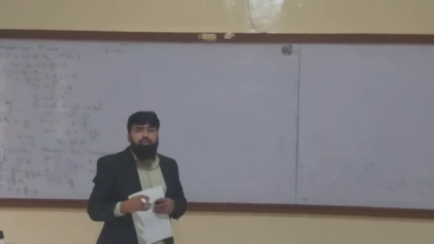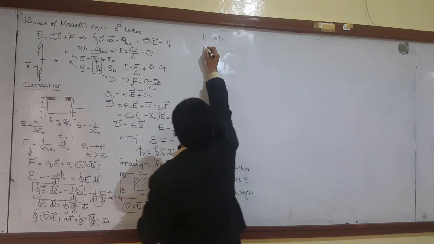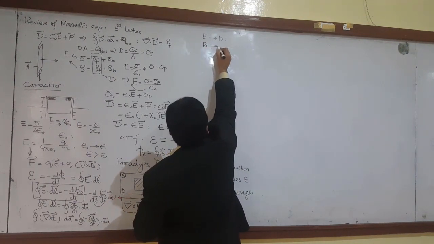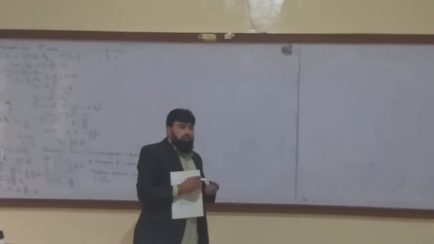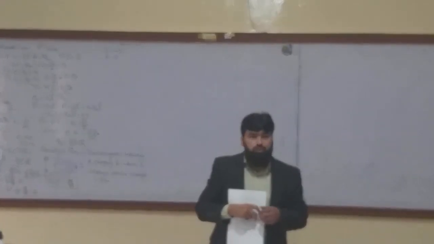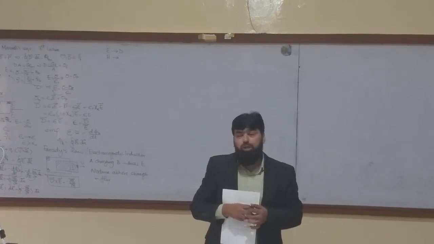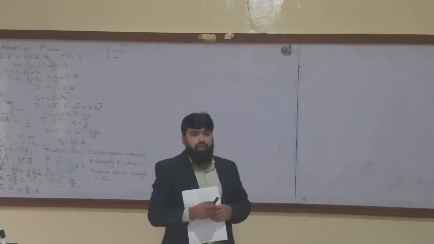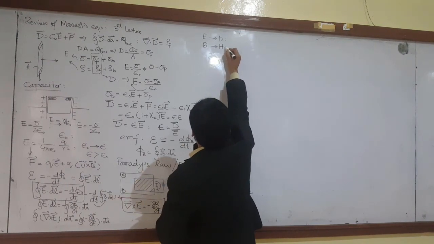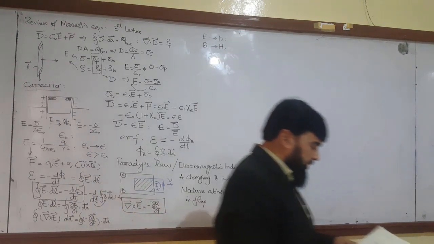Inside a material, D was the perfect representation of the electric field, which we call the electric displacement. So what will happen to B? Will B be the representation of the magnetic field inside a material, or will it also be replaced by something else? And that something else, we say, is the auxiliary magnetic field, H.